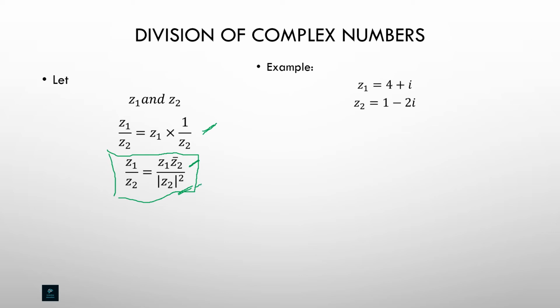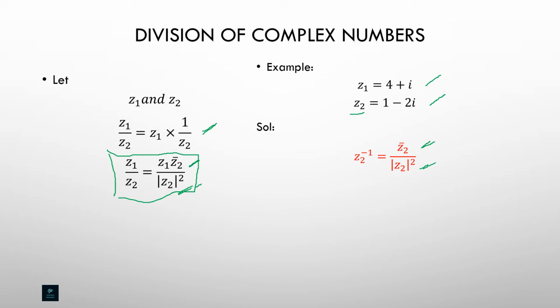For example, if we have z1 equals 4 plus i and z2 equals 1 minus 2i. To obtain z1 by z2, we first calculate z2 inverse. z2 inverse is z2 bar, that is conjugate of z2, divided by square of its modulus.